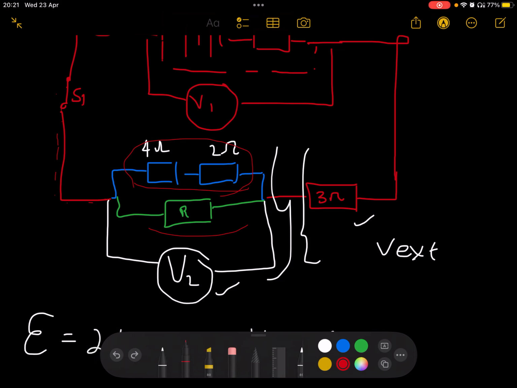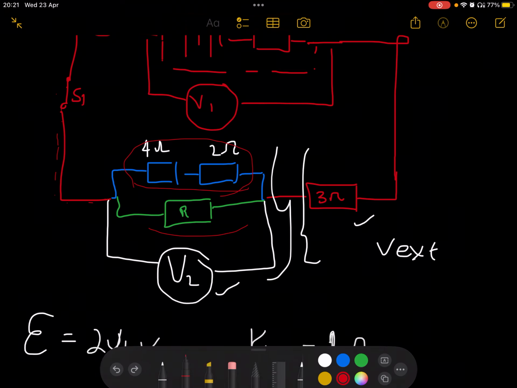When that happens, we can calculate the current that is passing through the 4 ohm and 2 ohm resistor. Okay, and if we know that, we will know that from 3, what is split to the blue and what is split to the green. So let's try and calculate that.